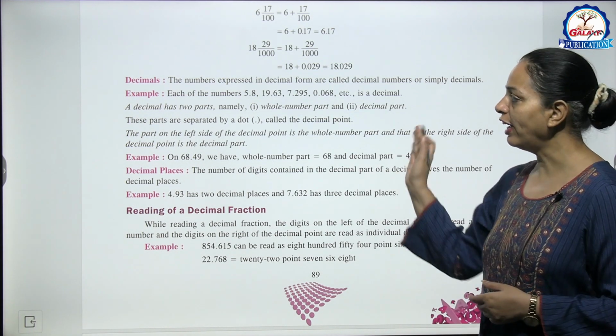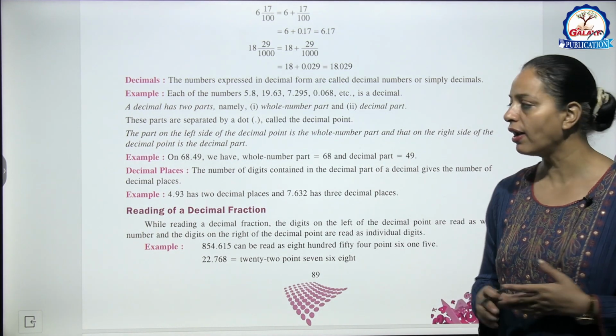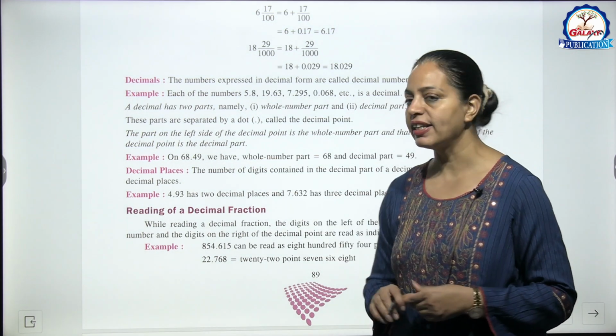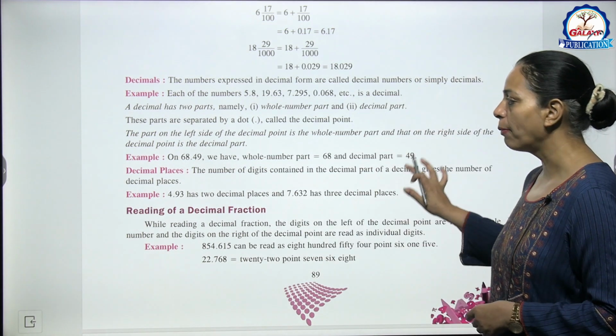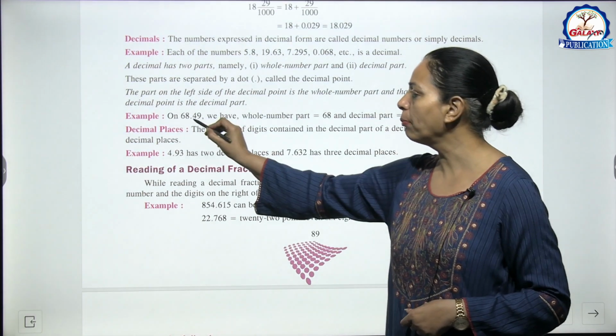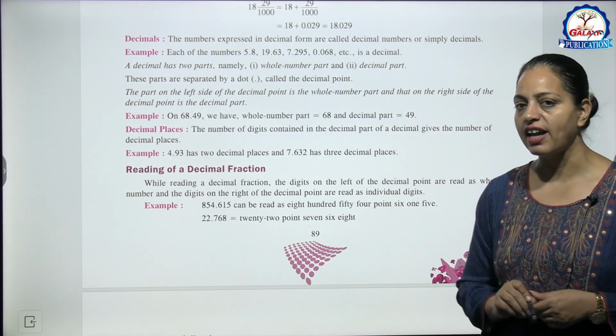The part on the left side of the decimal point is called the whole number part, and that on the right side of the decimal point is the decimal part. For example, 68.49. So we have whole number part 68 and decimal part 49.